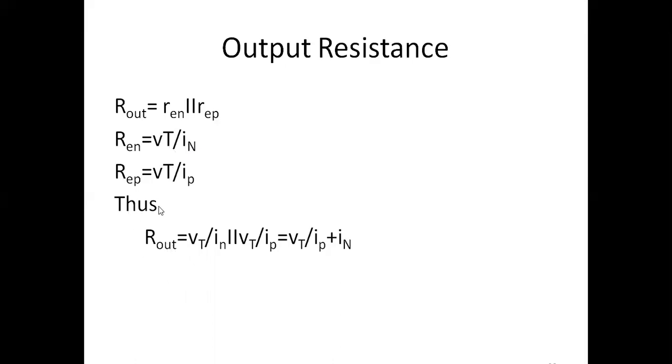Therefore, the output resistance can be written as Vt by IN in parallel with Vt by IP, that is equal to Vt by IP plus IN. Since as IN increases, IP decreases and vice versa, the output resistance remains approximately constant in the region around when the input, that is Vi, is equal to 0.